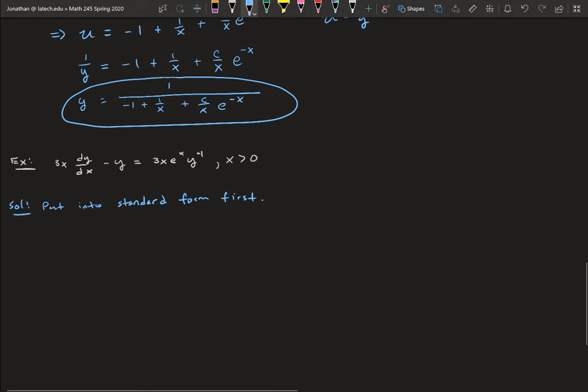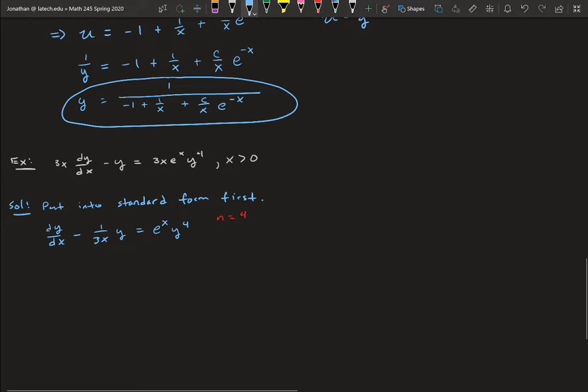How do we put it in standard form? We divide by the leading coefficient, so that gives us dy/dx minus 1 over 3x y equals e to the x y to the 4. And n is equal to 4.